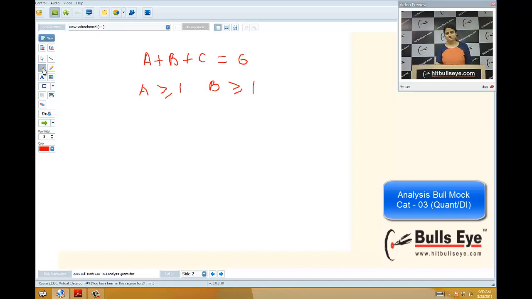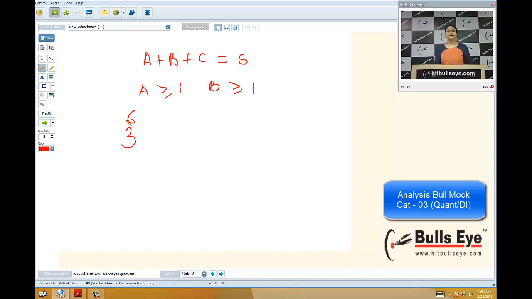See, if there is no condition, we have 6 different books and we want to distribute these books among 3 persons. In how many ways can this be done? This is 3 raised to power 6. Why so? Because for the first book, we have 3 choices. We can give it to A, B, or C. Similarly for the second book, the third book and so on.